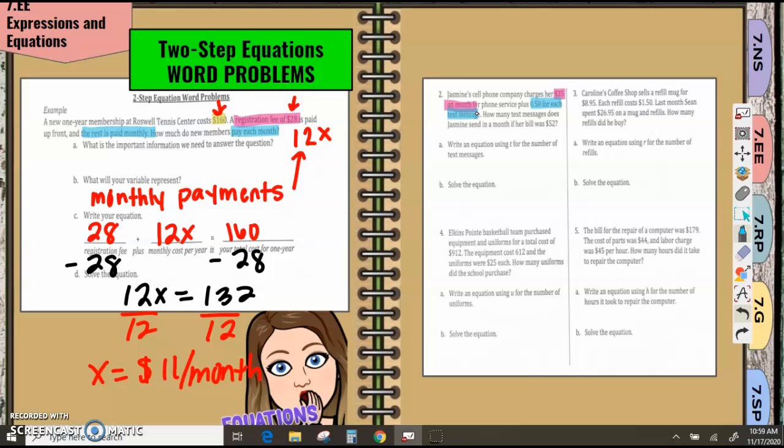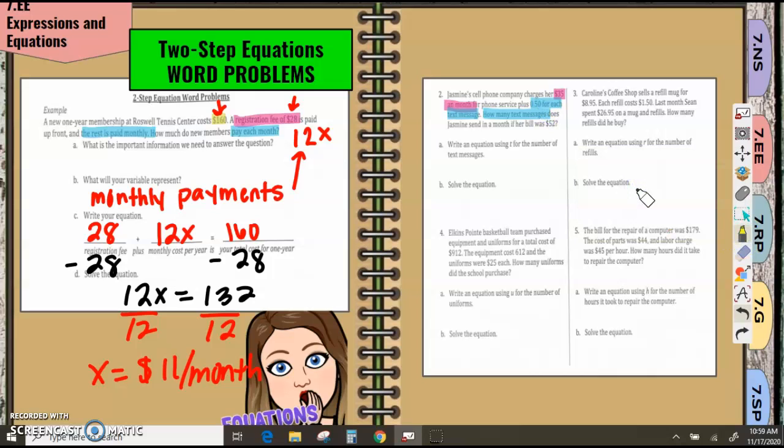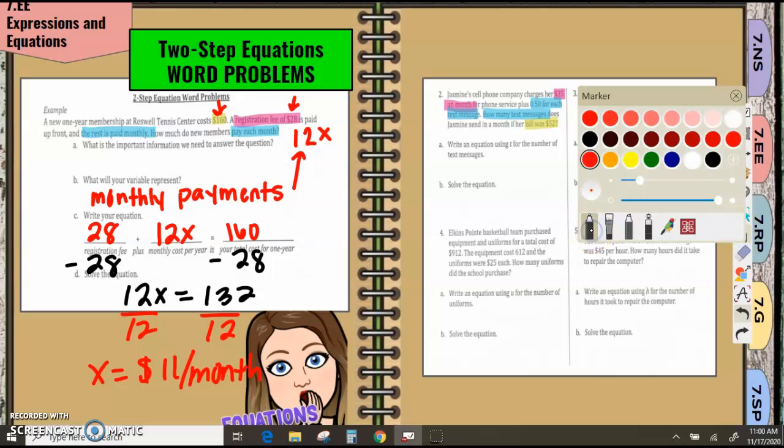So 50 cents for each text message, and we're solving for how many text messages. So I know that is my variable. And her total was $52, so I know that's what my equation is going to be equal to. So the equation that we're using, it says use T for the number of text messages.